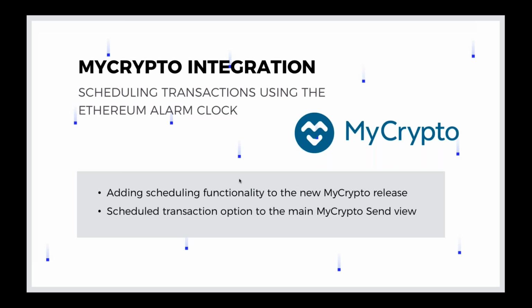MyCrypto allows by default to execute transactions, but what we've been working on is adding a send later button to the MyCrypto interface, which would then connect to the Ethereum alarm clock protocol, and it will use this protocol to run these transactions at a later point in time.